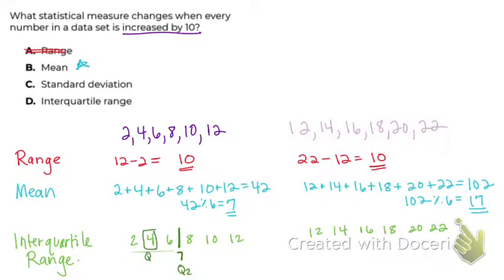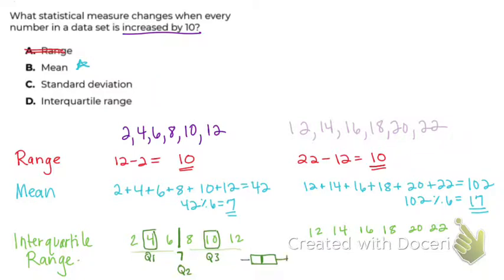So this is our quartile 1, and then you look at the numbers above the median, and you find the middle of those, and that would be 10. So that is quartile 3. So these quartile 1 and quartile 3 are the edges of a box and whisker plot. And the line in the middle is quartile 2, the median.